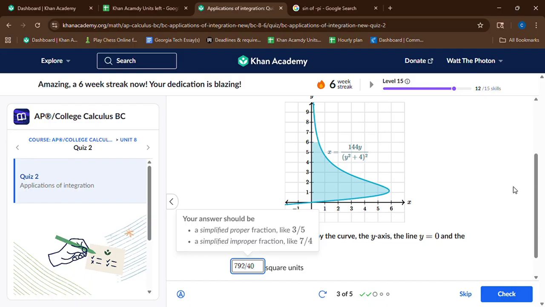It's 18 minus 72 over 40, actually. Six, 4, 8, 18.